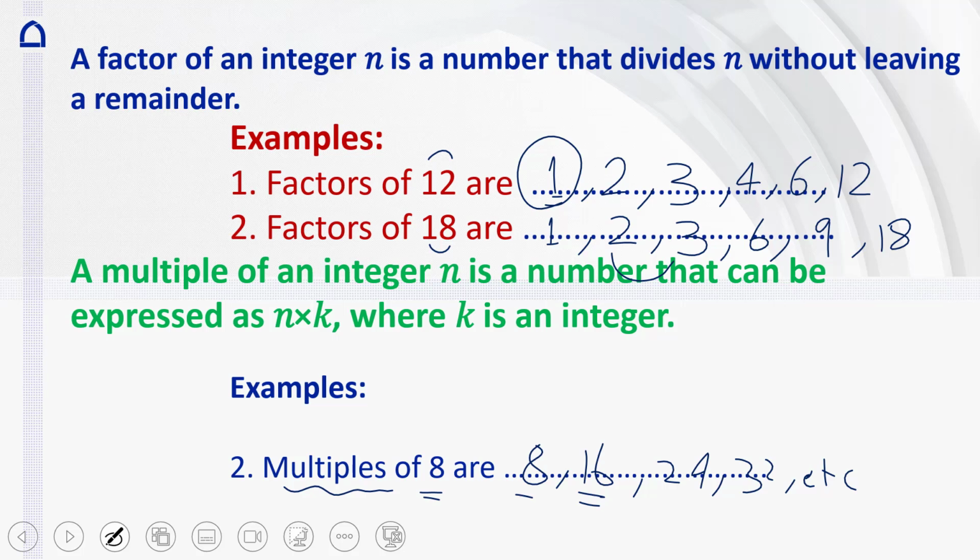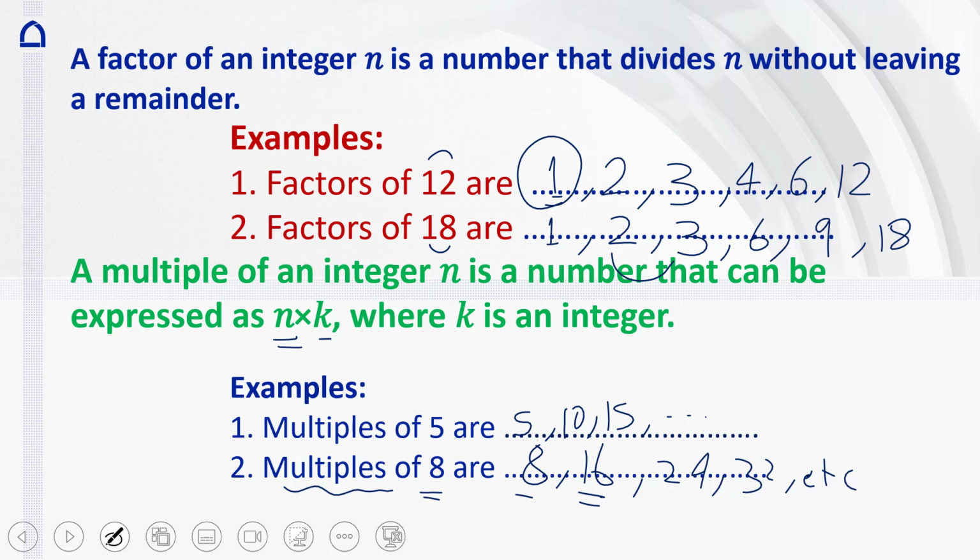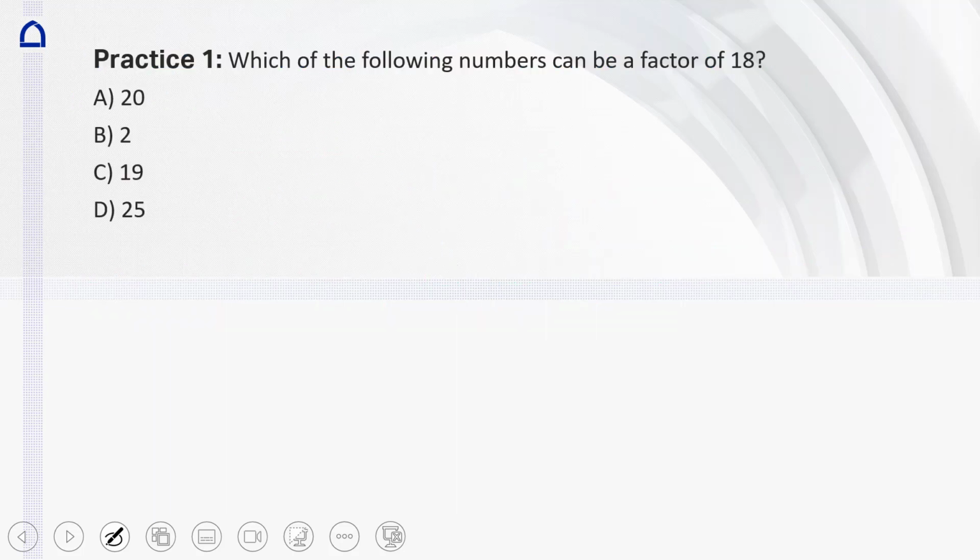So if you multiply the factor by the result of the division, you will have the integer, right? Multiples of 5, again, multiply 5 by 1, by 2, by 3, and you can carry on. So you have an infinite number of multiples.